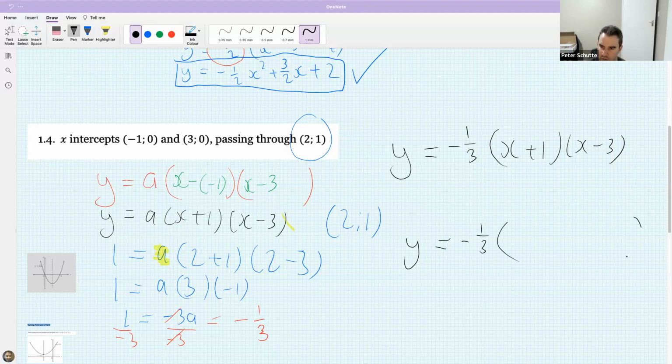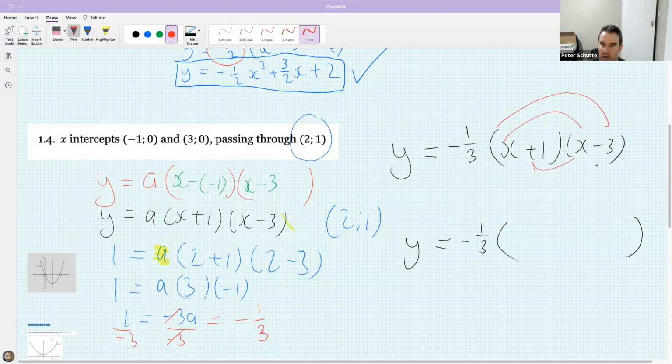What I think you should do is open up a big bracket and multiply these terms first.